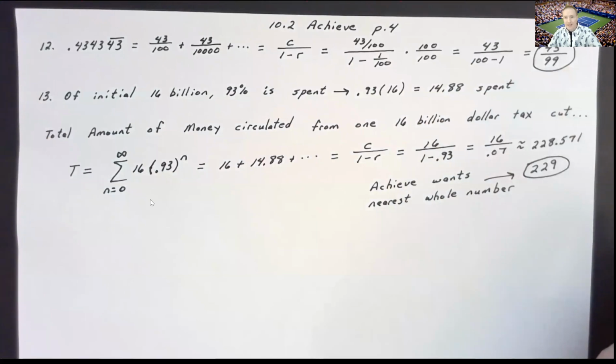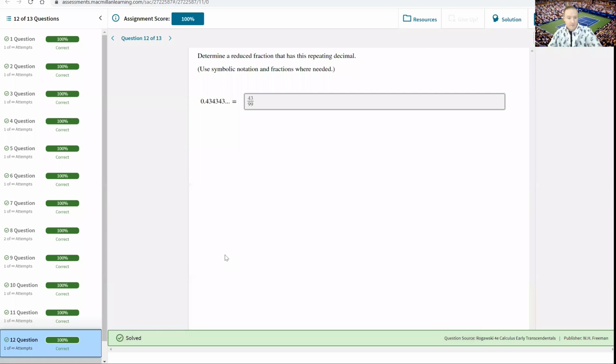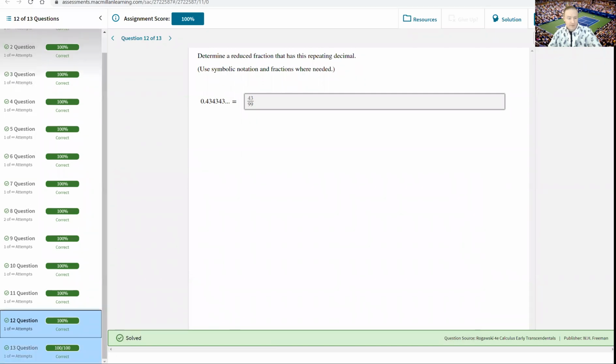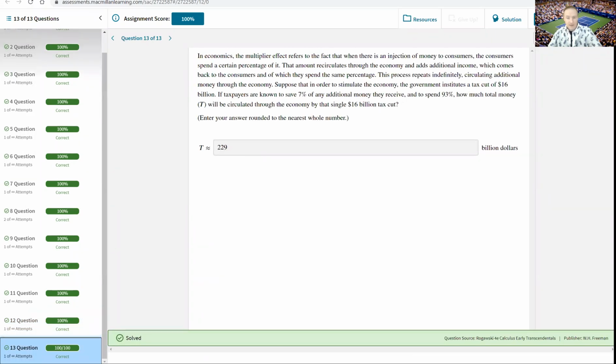Now, this last problem, I could see giving some students some stress, but it's really, really easy. Let me try to make sure you see that. So you already see I've got the answer in. Let's talk about where that answer came from. It says, in economics, the multiplier effect refers to the fact that when there's an injection of money to consumers, the consumers spend a certain percentage of it.